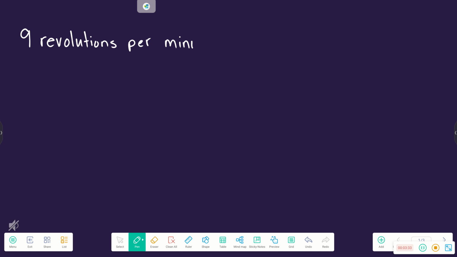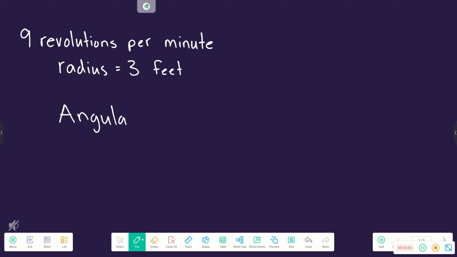Okay. And then the radius of that ceiling fan is 3 feet. Now, the reason why we need to know the radius, you'll see when we do our dimensional analysis. And I want to find both my angular and my linear velocity.